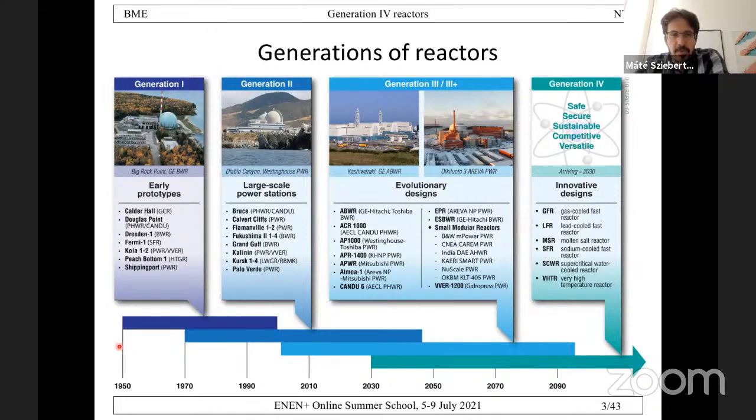So there were the early prototypes, which started up in the 50s, and some of them operated even till the millennium, but nowadays they are practically all shut down. They are very diverse in technology. Practically all of them were prototypes or first-of-a-kind reactors.